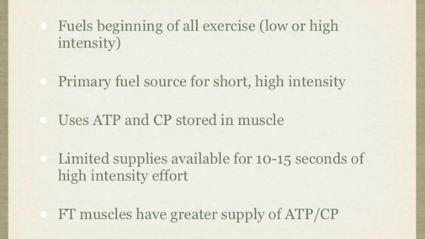And being that it's a primary source for short intensity effort, it's a primary source for fast twitch muscles, which, being a larger motor unit, have a stronger contraction. And so the fast twitch muscles will have a greater supply of ATP and creatine phosphate.